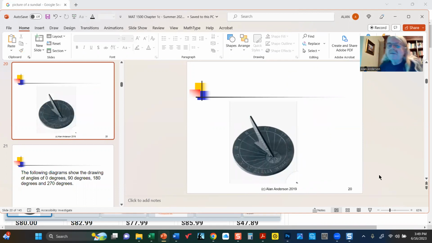In the northern hemisphere, as the day progresses, the shadow cast by the sun is moving in this direction. As the shadow moves to the right, this direction, it's getting later in the day.